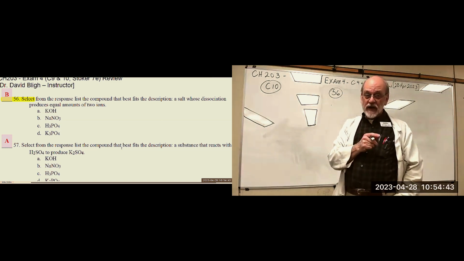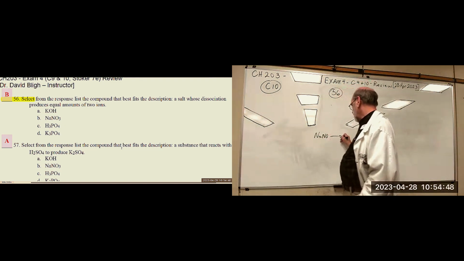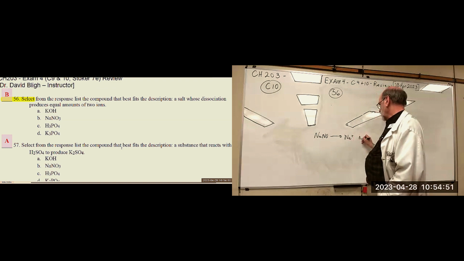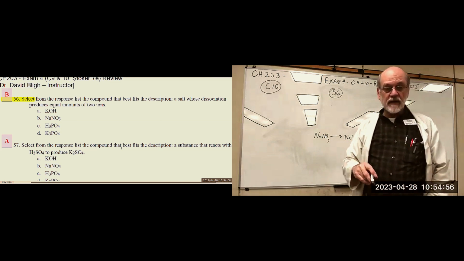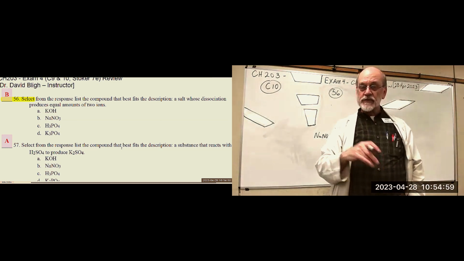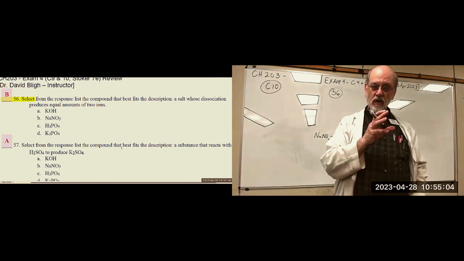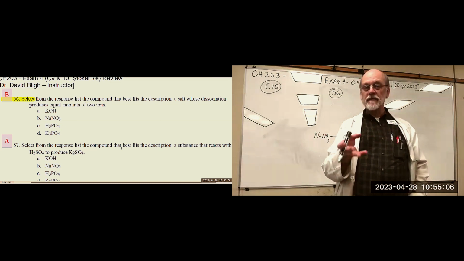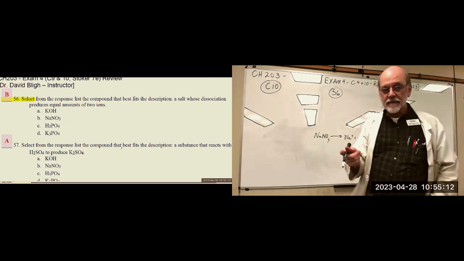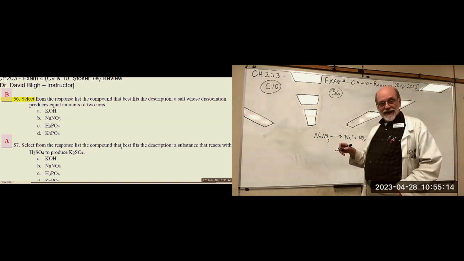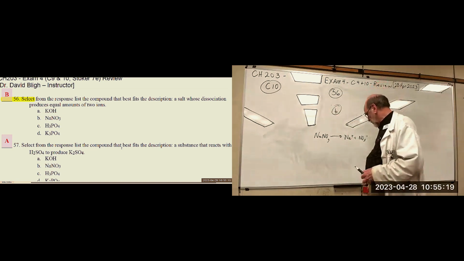So sodium nitrate does dissociate. Yeah, that one works. H3PO4 produces uneven amounts, 3 hydrogens and only 1 phosphate, which is an acid, so it doesn't work either. Potassium phosphate produces 3 potassiums and only 1 phosphate. Right. So B is the only possible answer that fits both conditions.